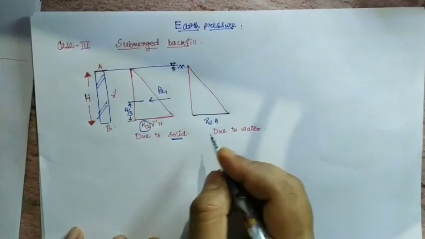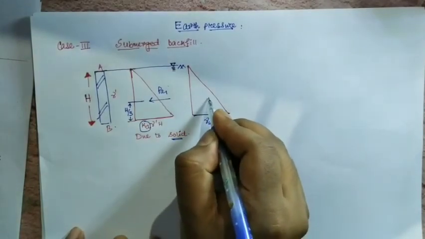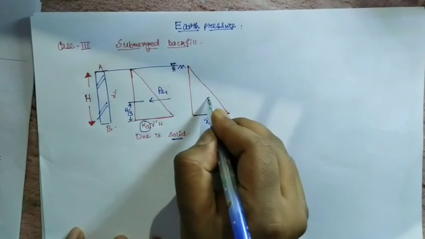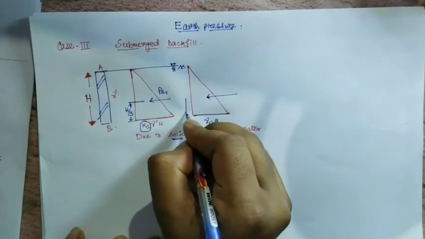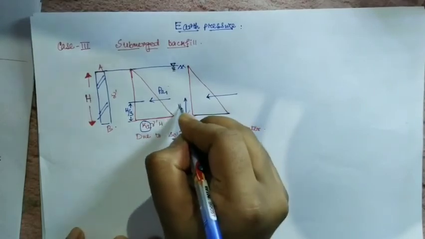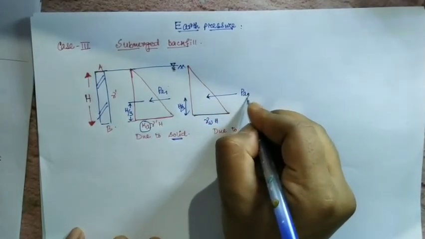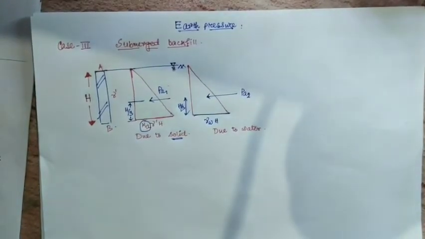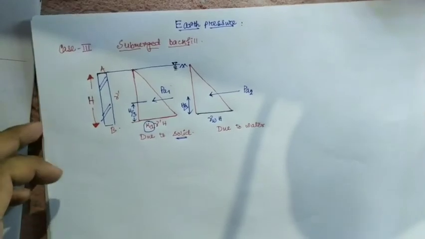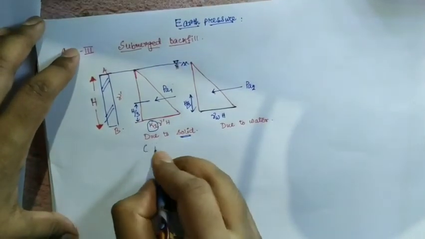Okay, so in water also there will be a total force, and this will also act at the centroid, at h/3 height. I am marking it as PA2. Okay, so now look, due to soil solid, this pressure is called effective earth pressure.